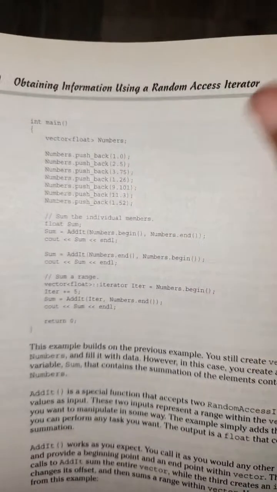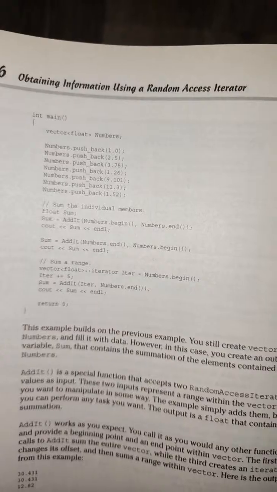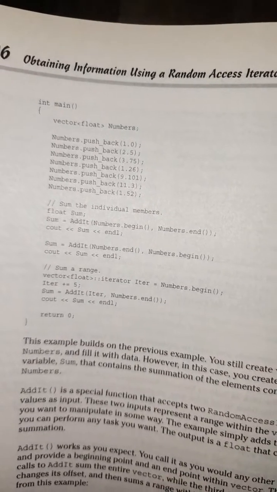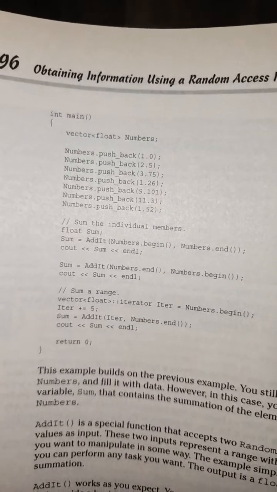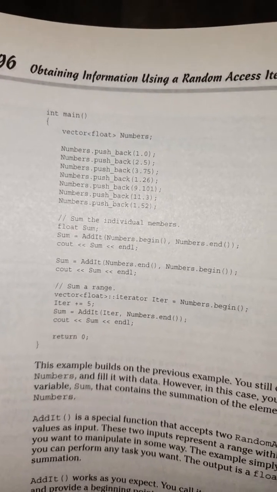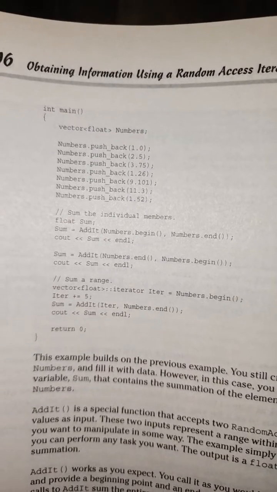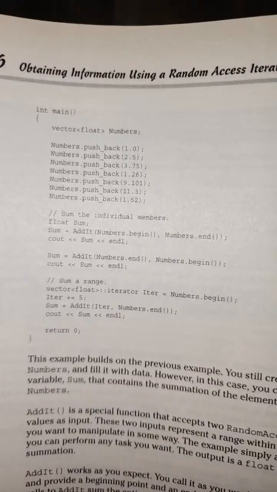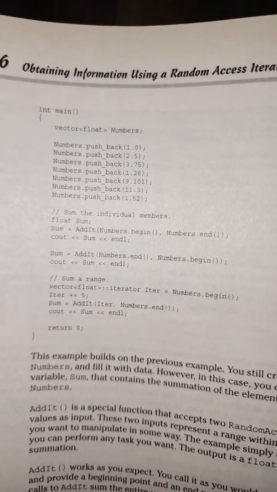Okay, int main, vector<float> numbers; numbers.push_back(1.0); numbers.push_back(2.5); numbers.push_back(3.75); numbers.push_back(1.26); numbers.push_back(9.101); numbers.push_back(11.3); numbers.push_back(1.52).